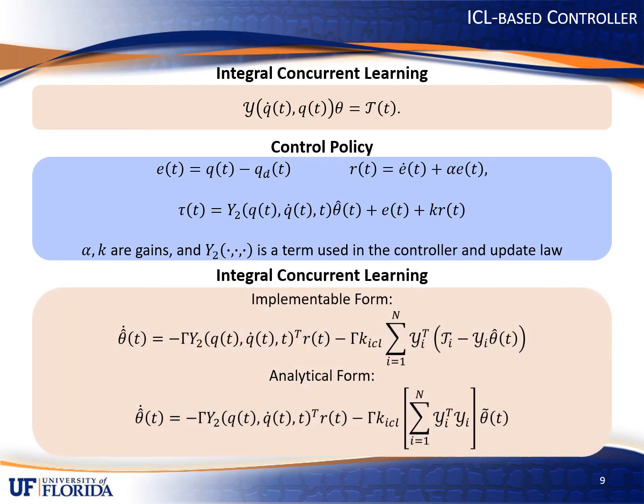At the bottom, you can see two equivalent representations of integral concurrent learning. The top one is an implementable form, meaning this is what we would actually implement on the hardware, whereas the bottom equation, the analytical form, is what we used in the Lyapunov-based analysis to guarantee parameter convergence.